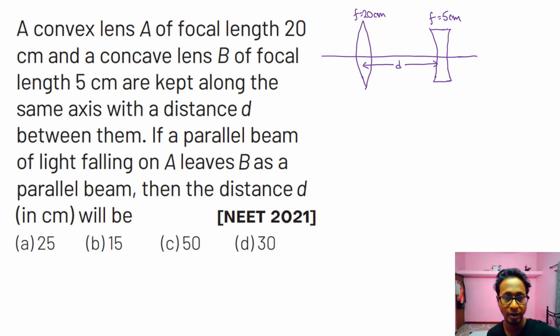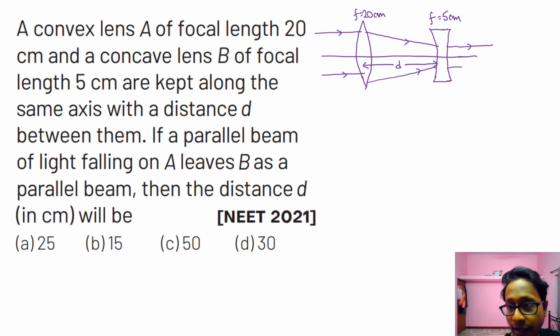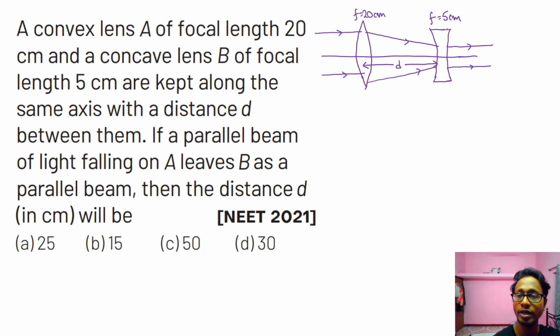Now suppose a parallel beam of light falls on A, what will happen? See, it will try to converge, and it becomes parallel after striking the concave lens.